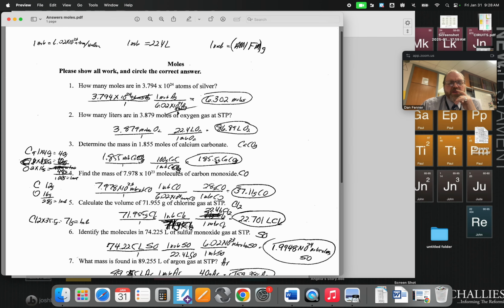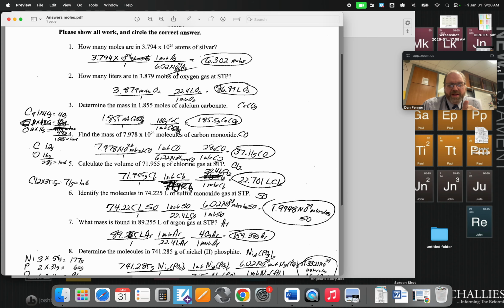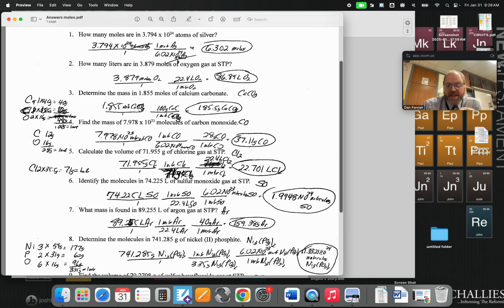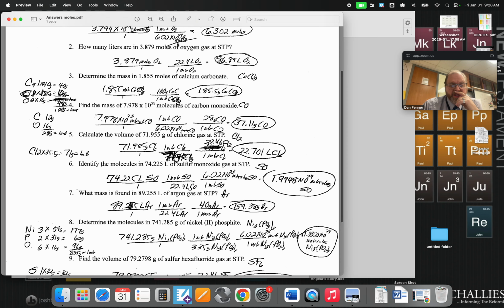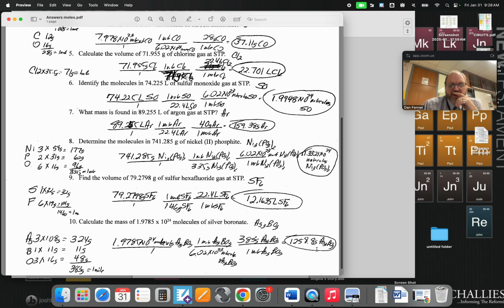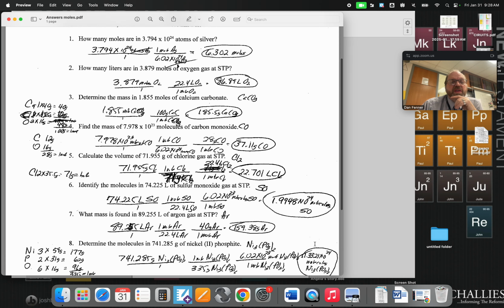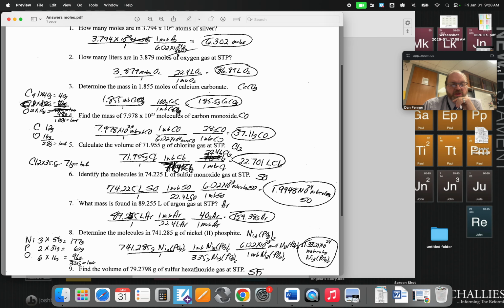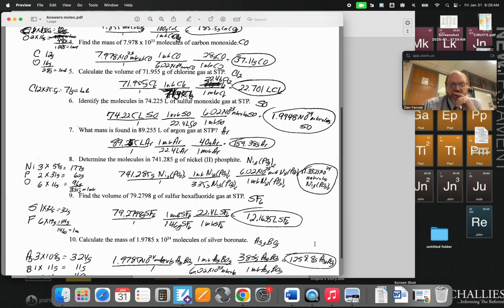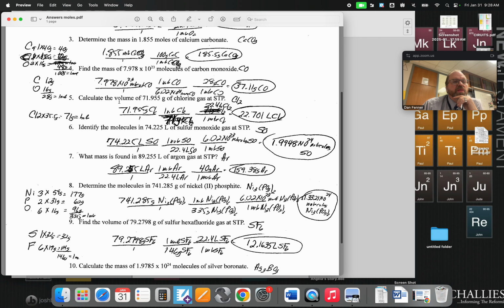You see the answers here, and these are all right. The only one I did find, I have this answer here. There's supposed to be a 0 on the end, which we did here. And this last one down here should be a 7 instead of an 8. So these are the answers. Check your answers. Make sure they're right. Shouldn't be a problem. Working through.